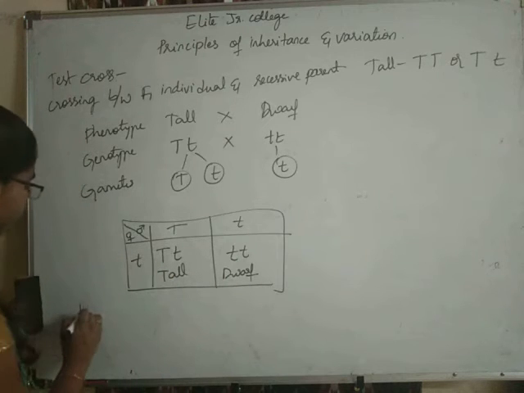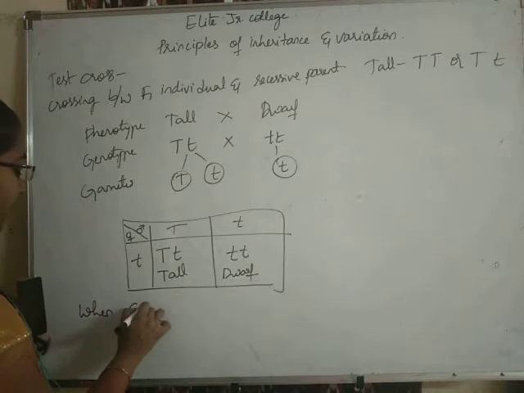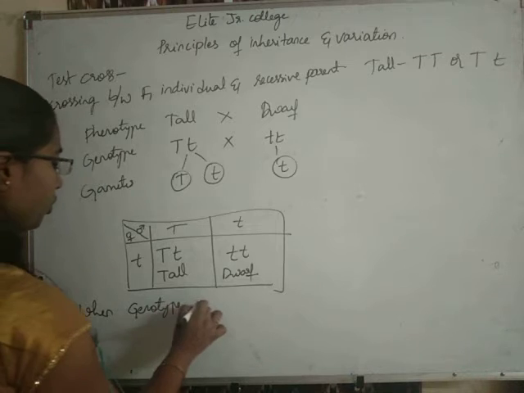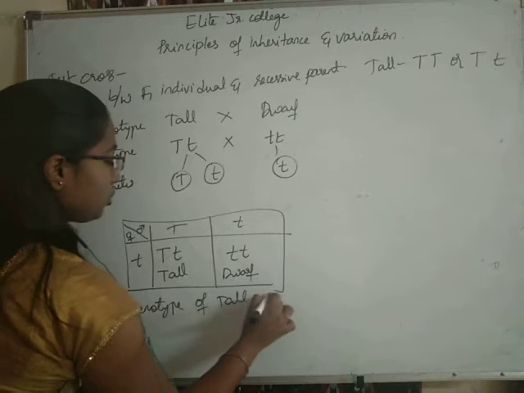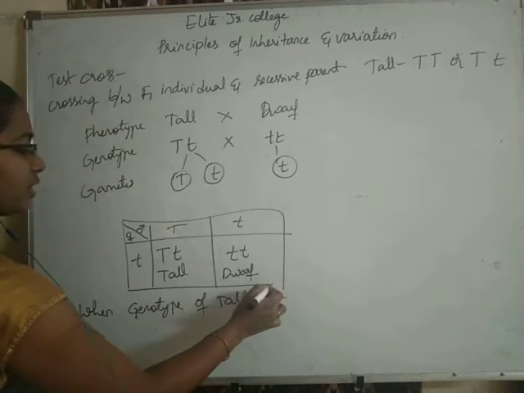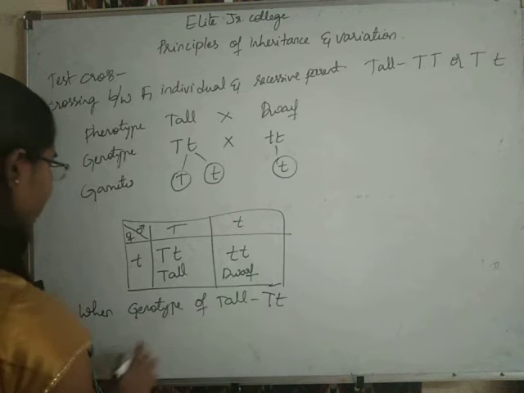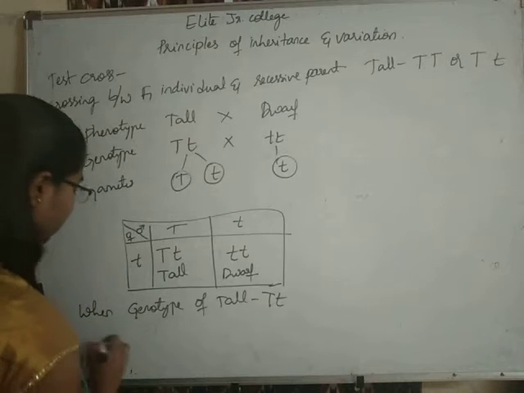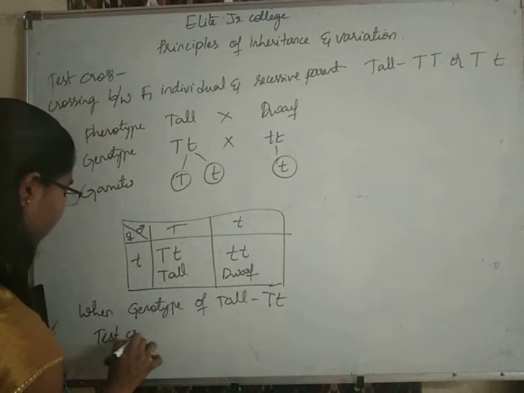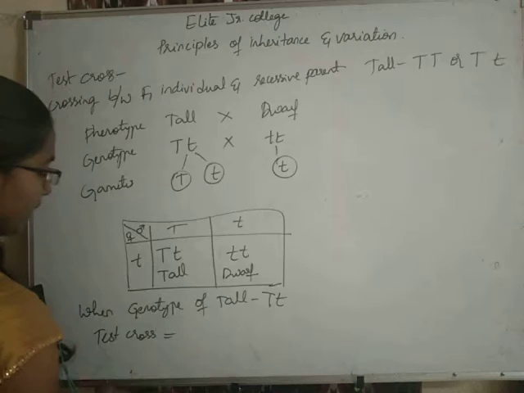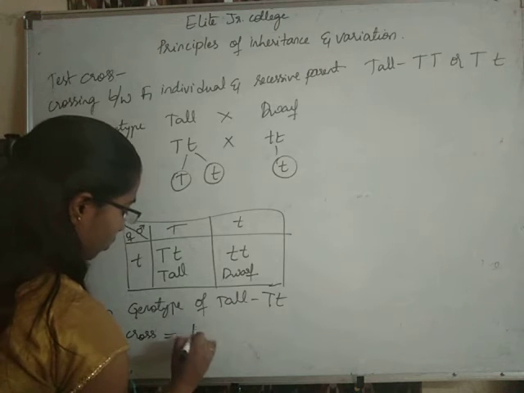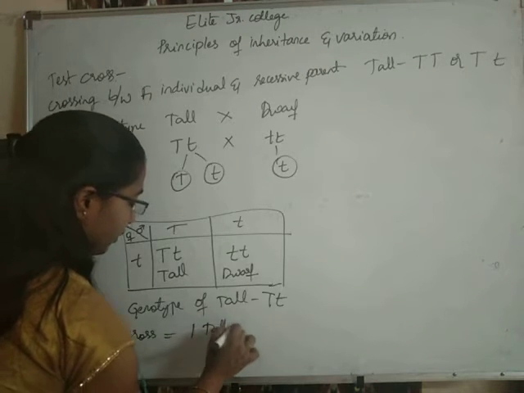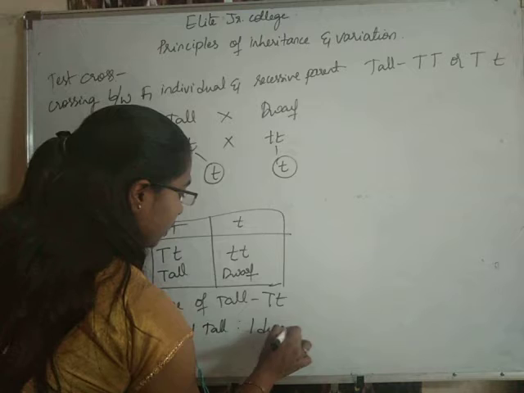So when the genotype of the tall individual was capital T small t, then the test cross results were one tall to one dwarf individual.